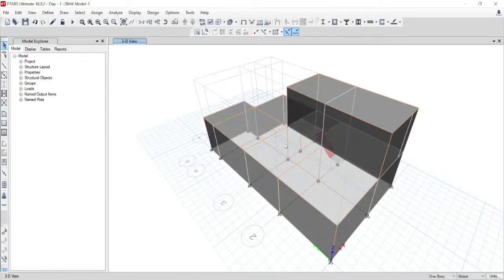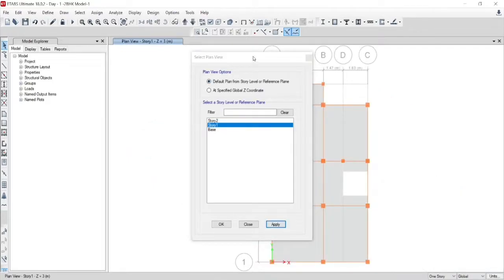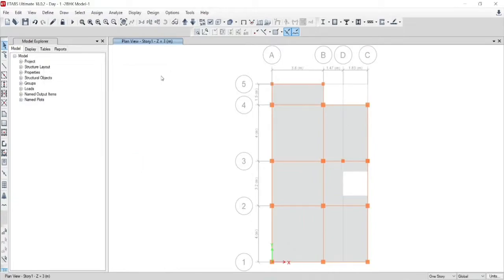So this is the understanding here. Now we have to make all the floors as diaphragm. Now let me take here base. Let us take the story 1, apply. I will be having the first story. Let me select all the floors.